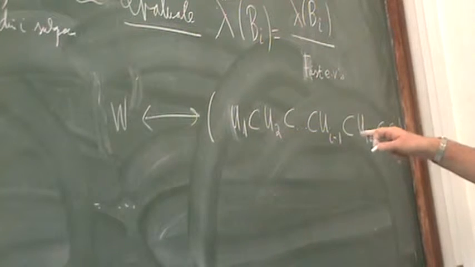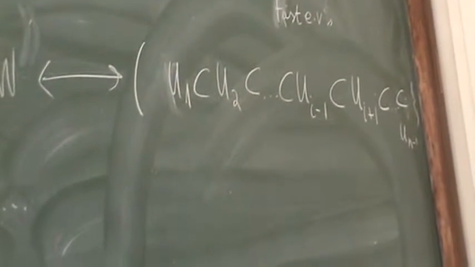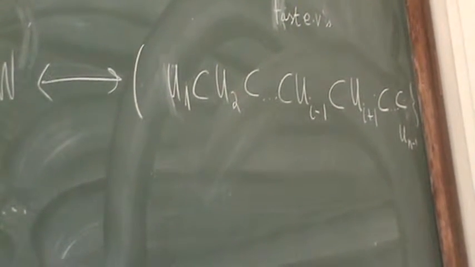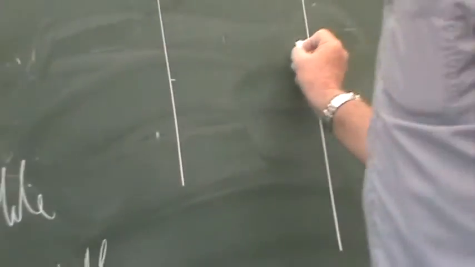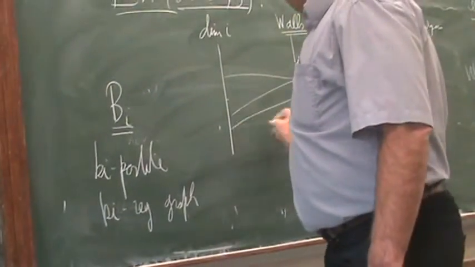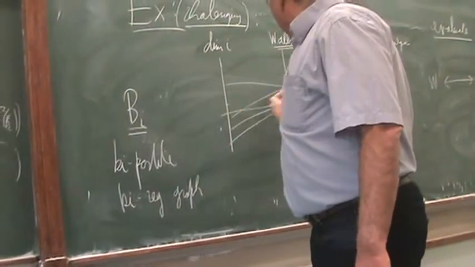These are the flags without anything of dimension i. So it's not difficult to see what the degrees are, at least from one side. The degree from this side is clearly q plus 1.